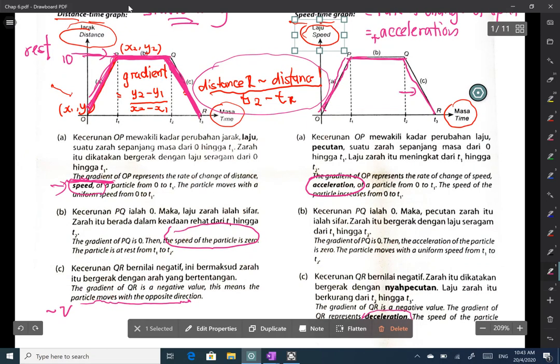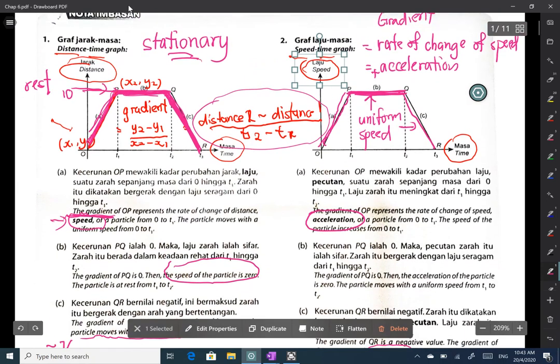The gradient of PQ is 0. Here it is flat, so there are no changes, and we call this uniform speed. In the distance time graph, no changes means stationary. In the speed time graph, no changes means uniform speed, because the particle is still moving. For example, the speed maybe is 70.